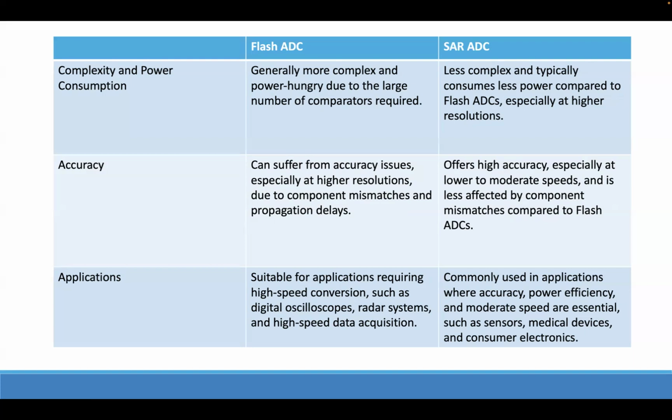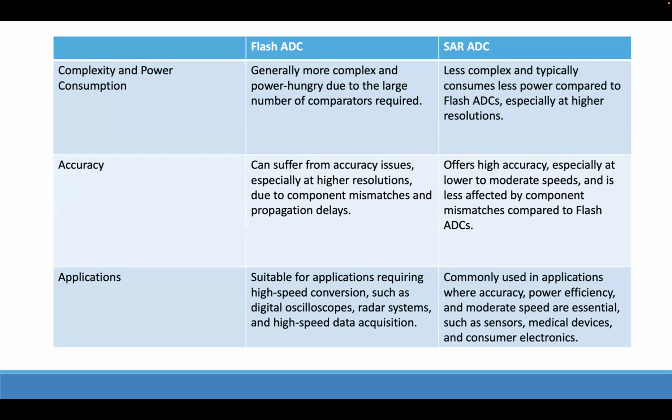For the accuracy, the flash ADC has low accuracy, because from comparator to comparator we may have a mismatch, which is a famous problem in the electronics world with comparators, and also propagation delay.